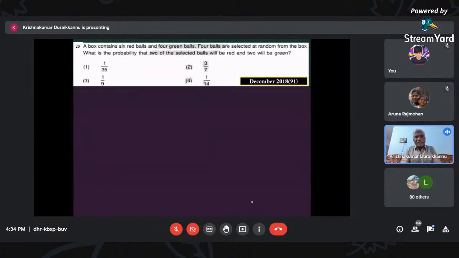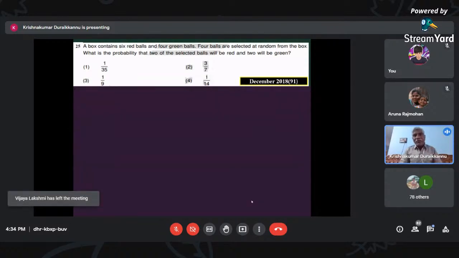A box contains 6 red balls and 4 green balls. 4 balls are selected at random from the box. What is the probability that 2 of the selected balls will be red and 2 will be green? We are going to select 4 balls at random. There are 6 red balls and 4 green balls, so totally the box contains 6 plus 4, 10 balls.